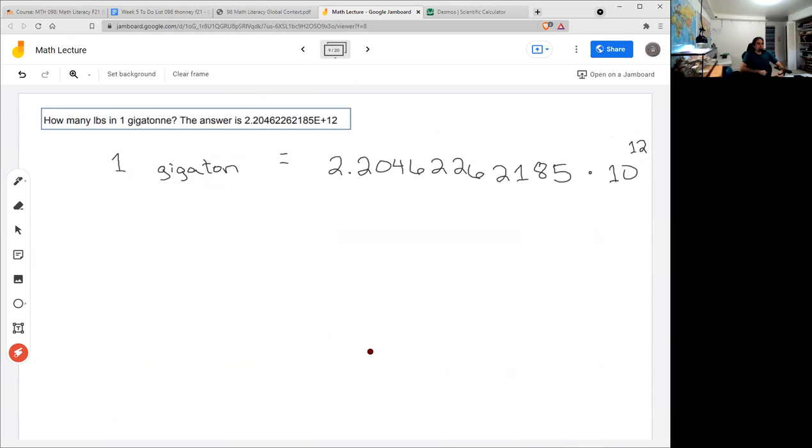We will invent a different notation. So this E plus, which sometimes is a capital E, sometimes is a lowercase e, just means times 10 to that exponent. That's the engineer version. E plus 12 means times 10 to the 12th.